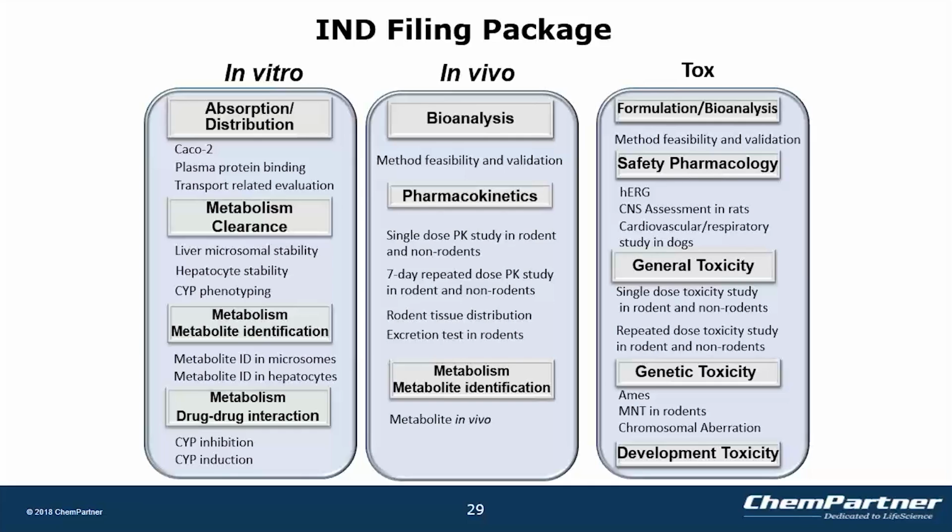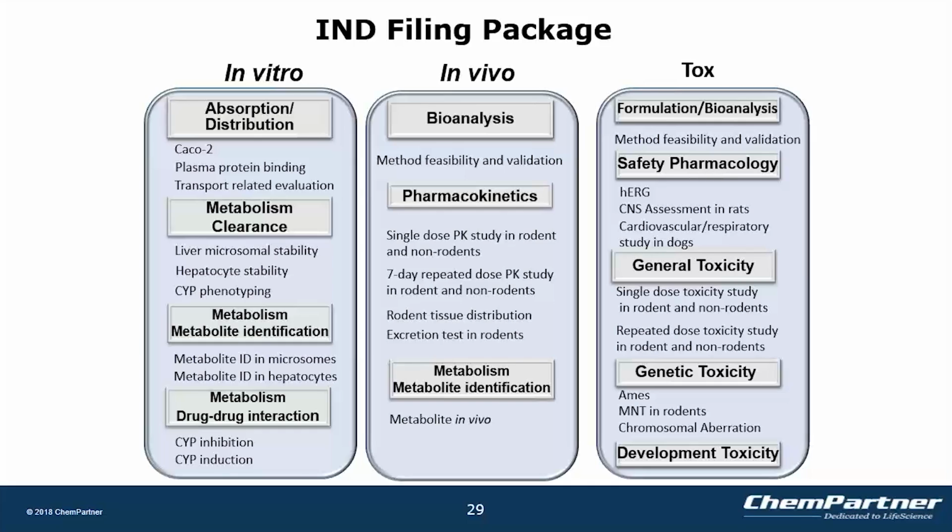And the in vivo part is the bioanalysis. I didn't focus much on the methods, feasibility, and validation earlier, but these are the parts that are really important. You want to do all the method validation, different metrics.